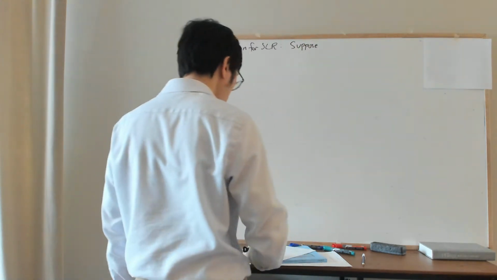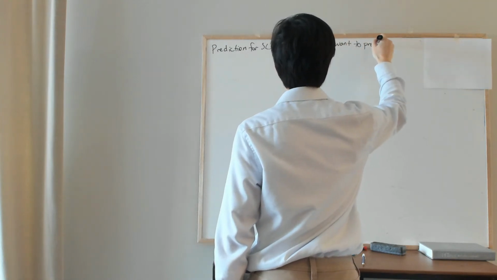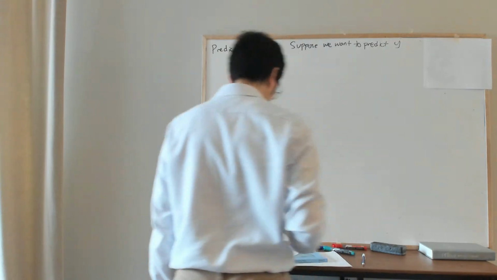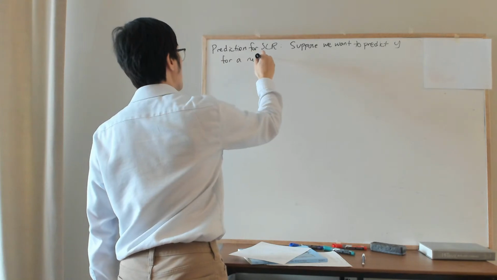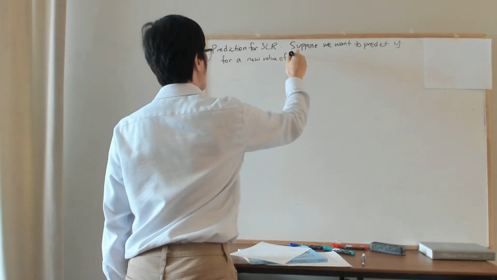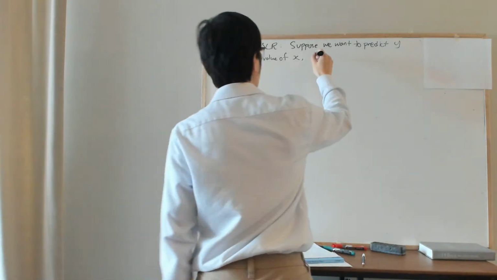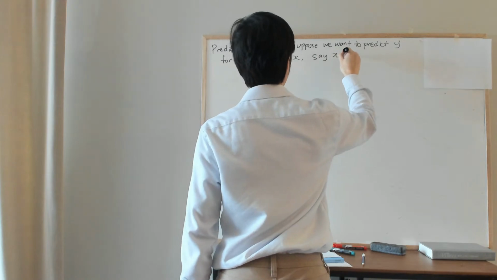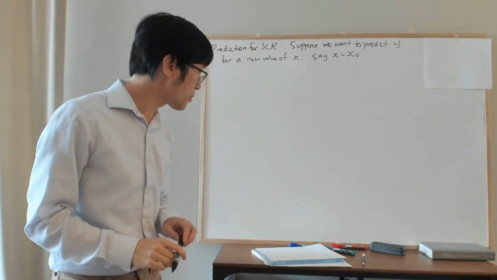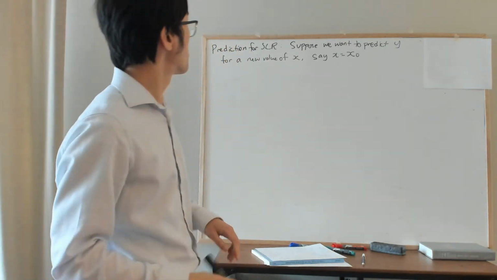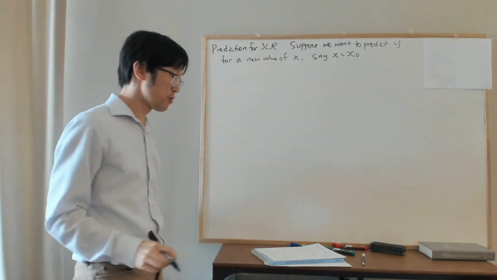Suppose we want to predict the response y for a new value of x. And just for concreteness, we'll say the value is x0. Okay, so let's recap what the model looks like, and then we'll see how to do this.